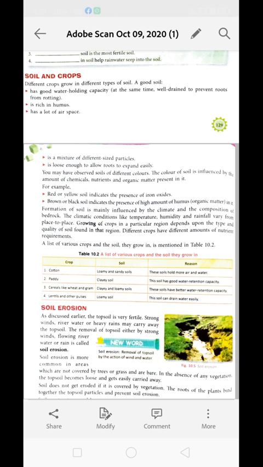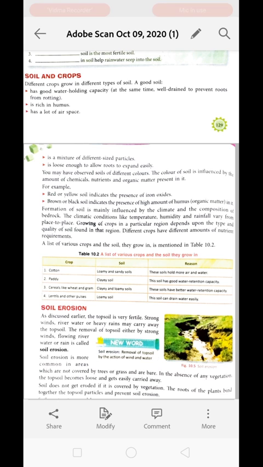Okay, so a good soil has good water holding capacity, so that it can provide water for the growth of the root of the plant. The soil should be rich in humus, so that it has lots of minerals to provide for the plant to grow. Next, soil should have a lot of air space so that the roots of the plant can breathe.